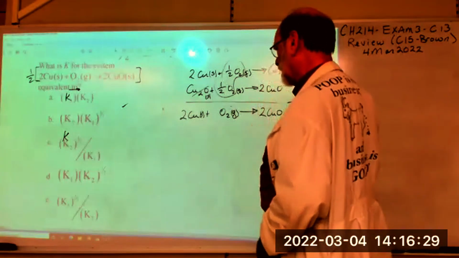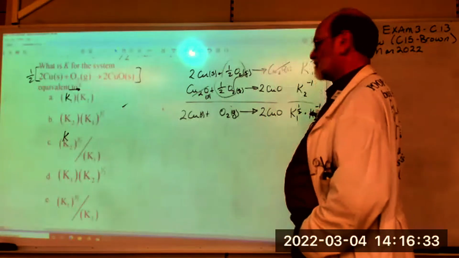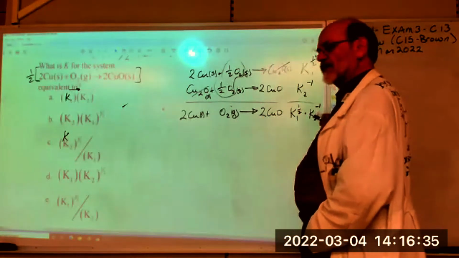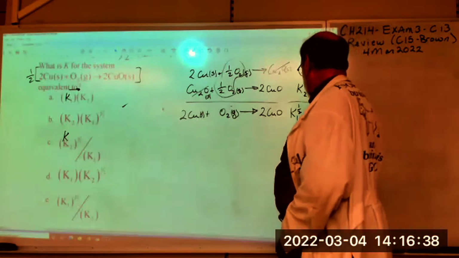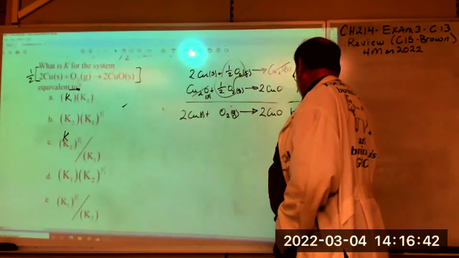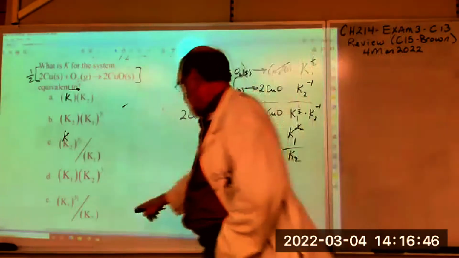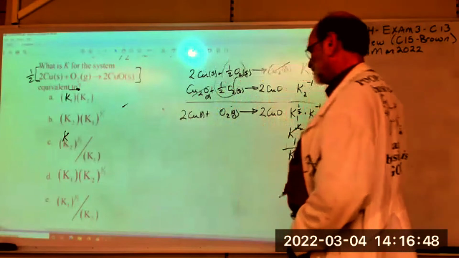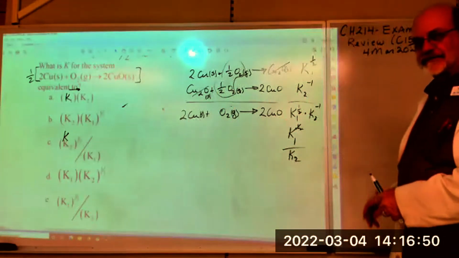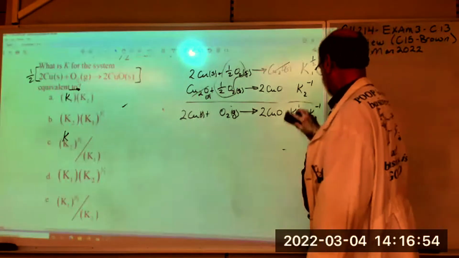Well, I don't see any inverse things here, so we need to move this into the denominator, don't we? K1 to the 1/2 divided by K2. Do we have one that matches that? Yeah, E. There you go. So that was fun.